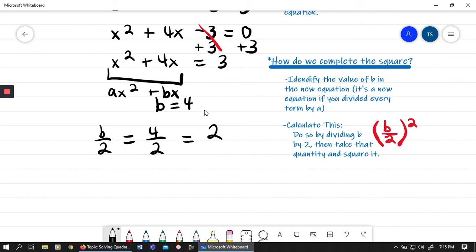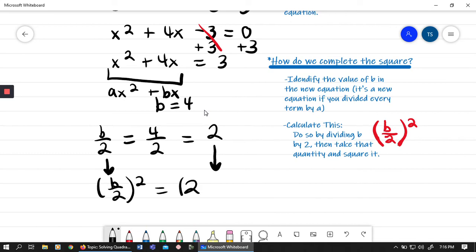Next, we want to take the result we just got, 2, and square it. So we're taking that quantity of b divided by 2 and squaring it.